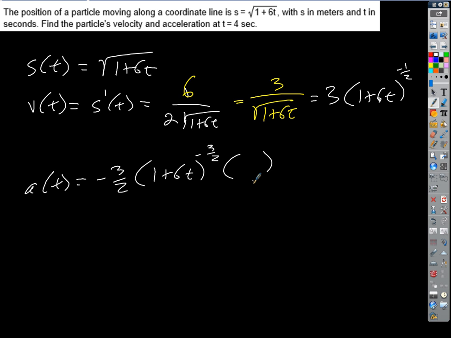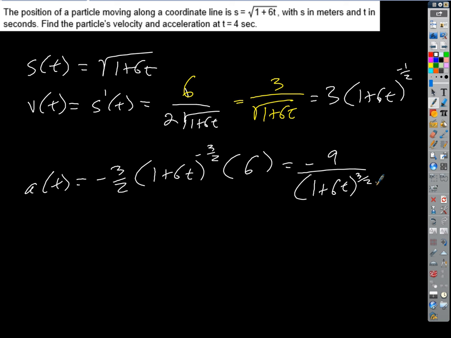Times 6. There we go. So then the 6 and the 2 would cancel, I'm gonna end up with a negative 9 times 1 plus 6t to the minus 3/2, so let's just put that on the bottom. So the positive 3/2, either way. So there's a of t, there's v of t, there's s of t.